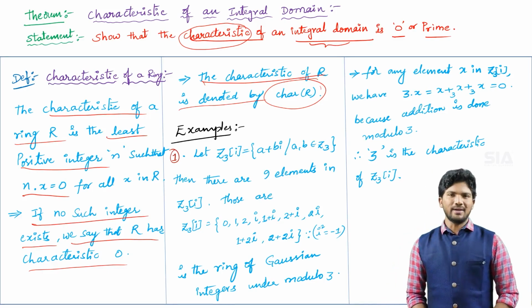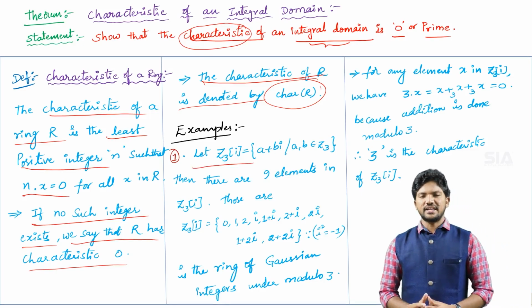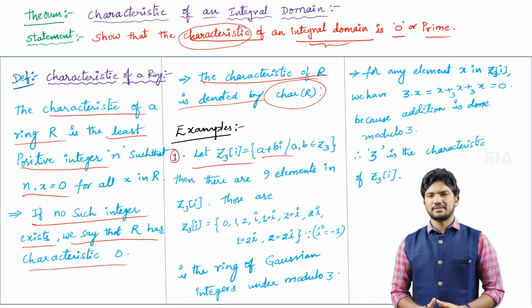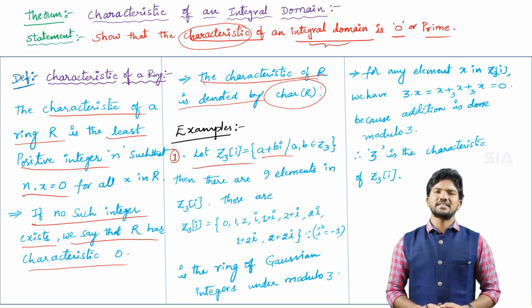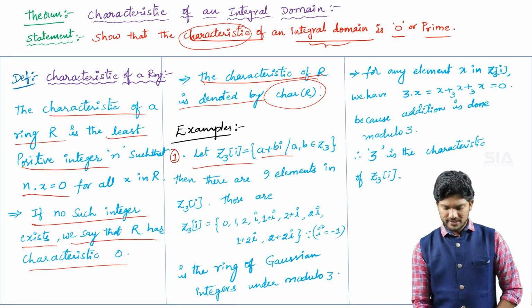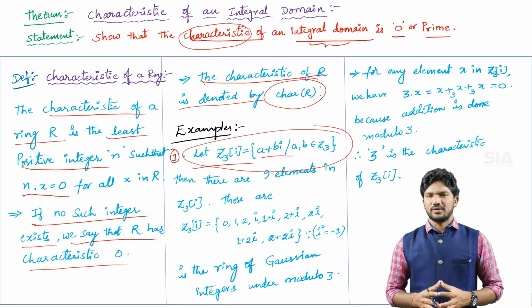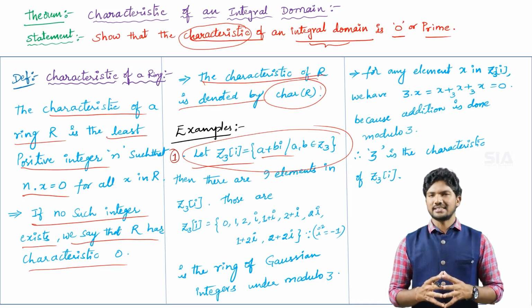First of all I am taking one ring. Example: let Z suffix 3 of i be equal to the set of a plus bi such that a, b belong to Z suffix 3. Then there are 9 elements in Z suffix 3 of i. What does this mean? These are the Gaussian integers, the ring of Gaussian integers.